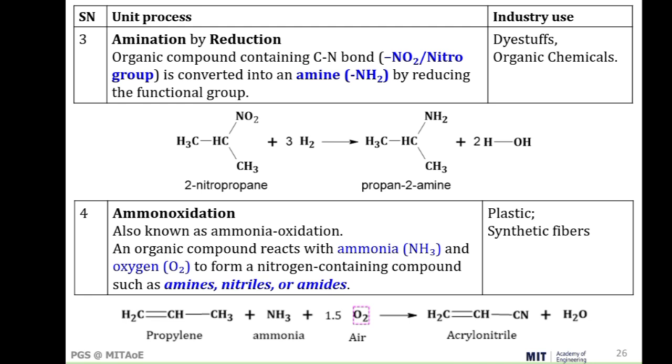It is reacted with ammonia and air to form acrylonitrile. The terminal CH3 group is oxidized to form a nitrile group, that is CN. These types of reactions are used in plastic and synthetic fiber industries.